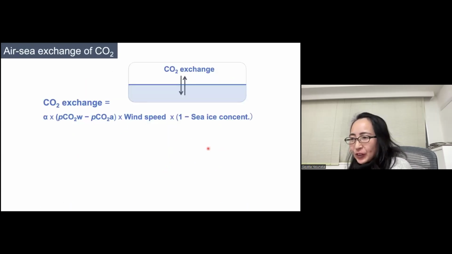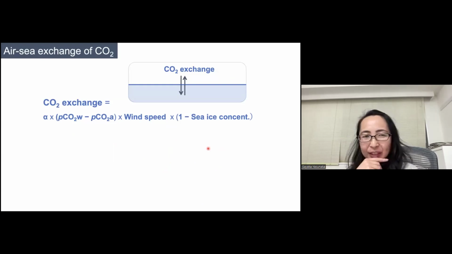Next, I want to explain briefly how to calculate the CO2 exchange. The CO2 exchange can be calculated by using this formula: the difference between two pCO2 values, one in the ocean and the other in the atmosphere, times wind speed, like this.